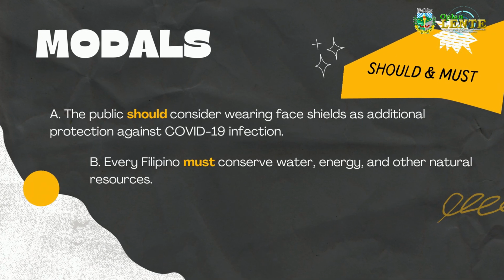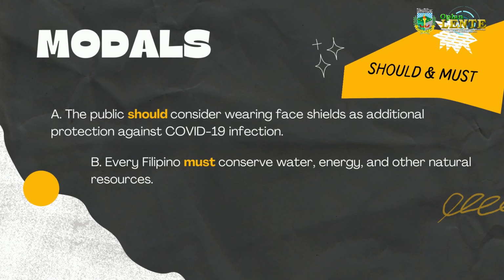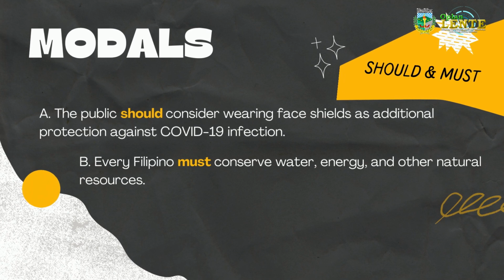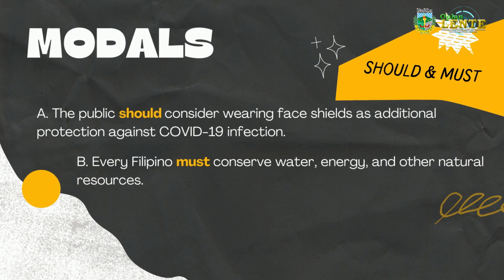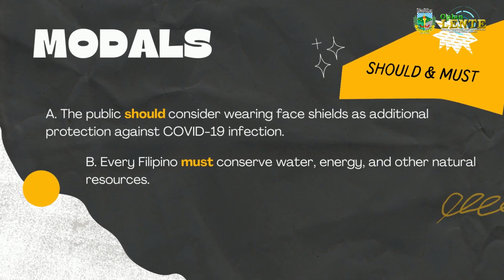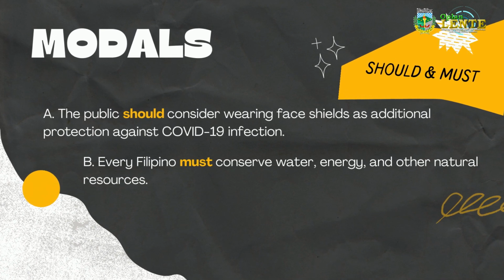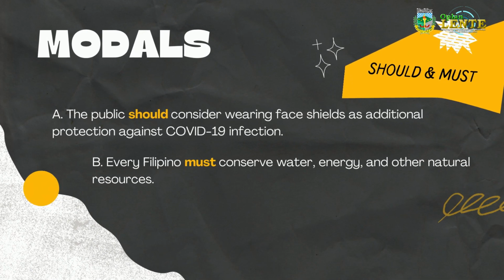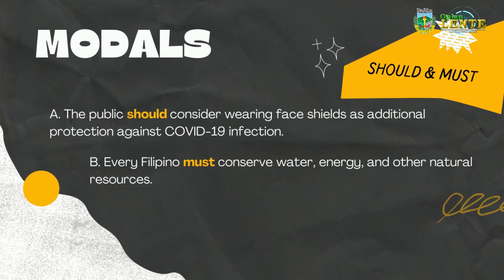Now, let's have these examples. Letter A. The public should consider wearing face shields as additional protection against COVID-19 infection. Letter B. Every Filipino must conserve water, energy, and other natural resources.